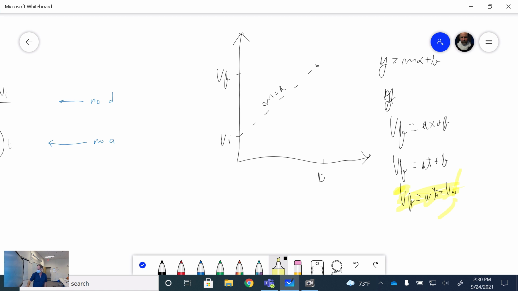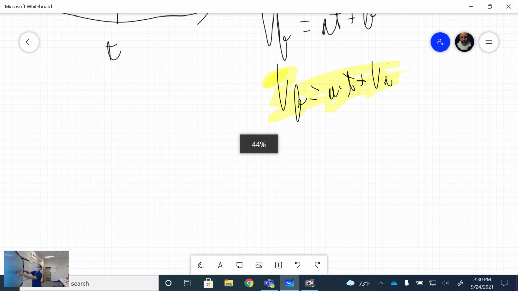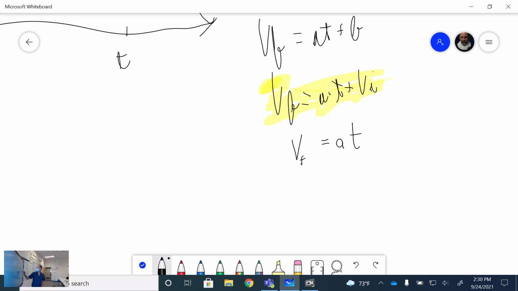Is this the same? Can we manipulate this? So if we have v final equals acceleration times time plus v initial, is that the same? How do we decide whether this is identical?